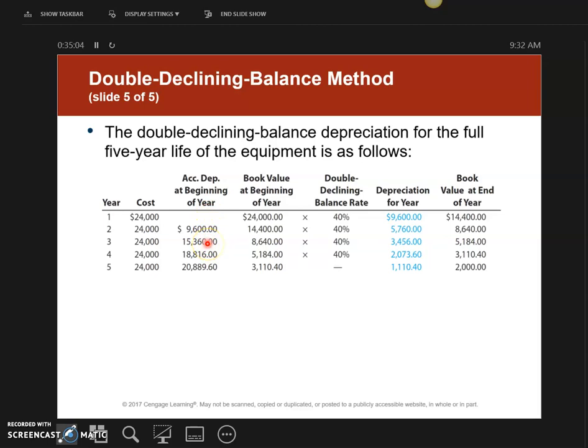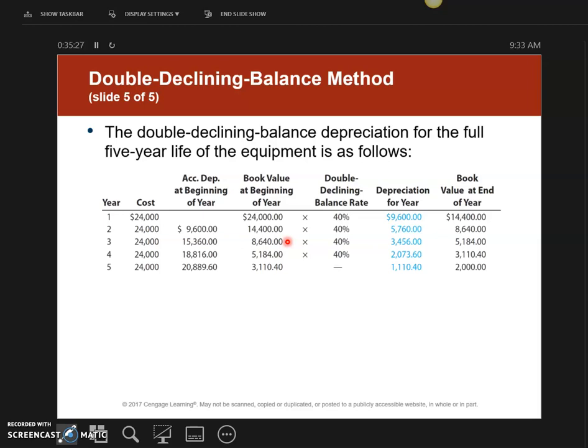And now I added year 2, which was $5,760. And now my actual accumulated depreciation at the beginning of year 3 is $15,360. So I subtract that from here for my book value at the beginning of year 3. So notice my book value is already almost fully depreciated.